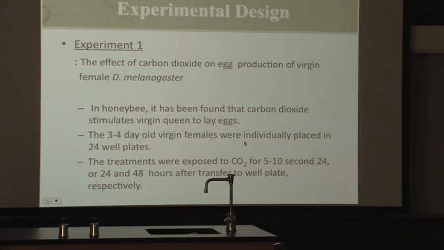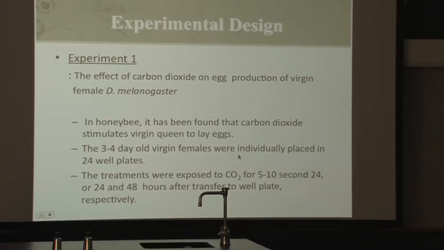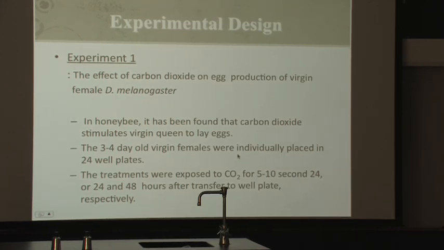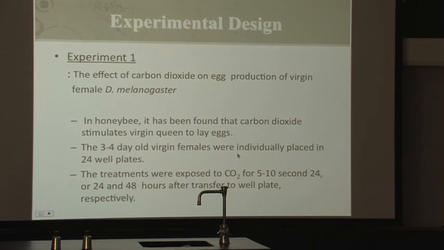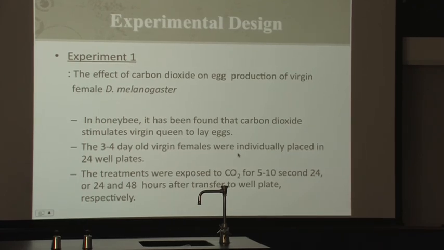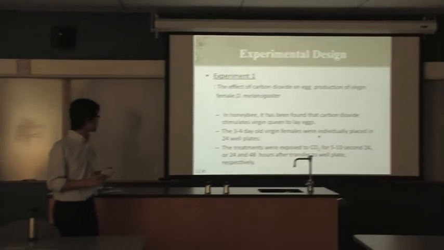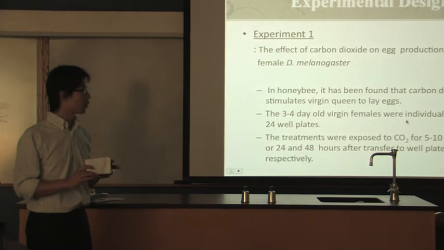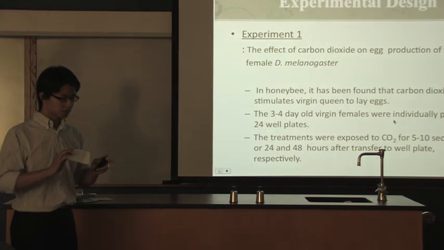Next, I want to talk about the experimental design. The first experiment is to test the effect of carbon dioxide on egg production of virgin female Drosophila melanogaster, because in honeybees it was already found that CO2 can stimulate the virgin female to lay eggs. Therefore, 3 to 4 day old virgin females will be placed in a 24-well plate, one per well.